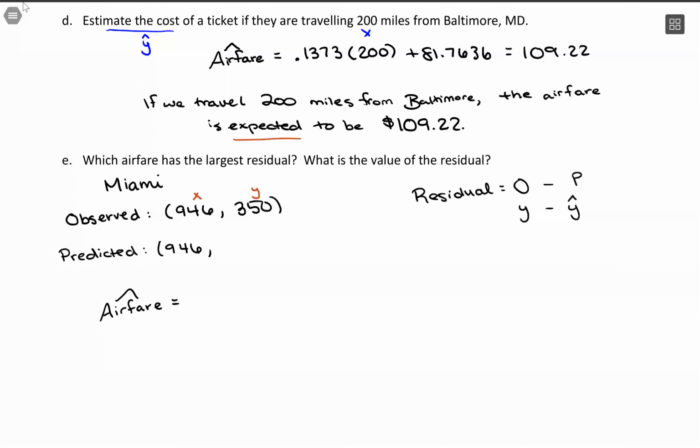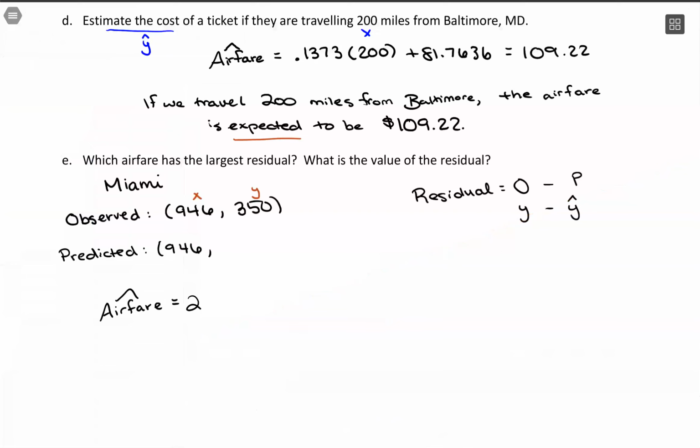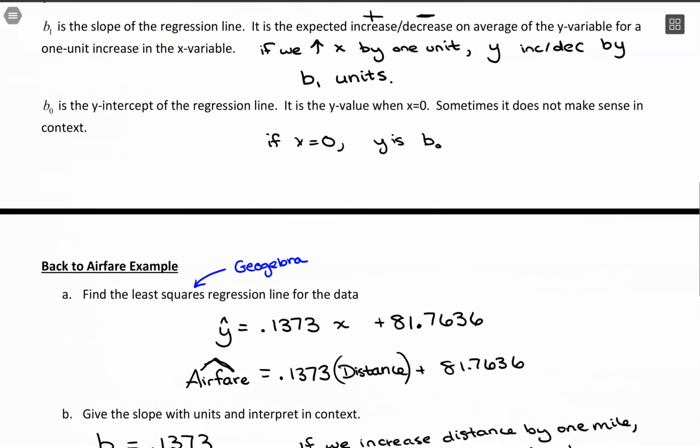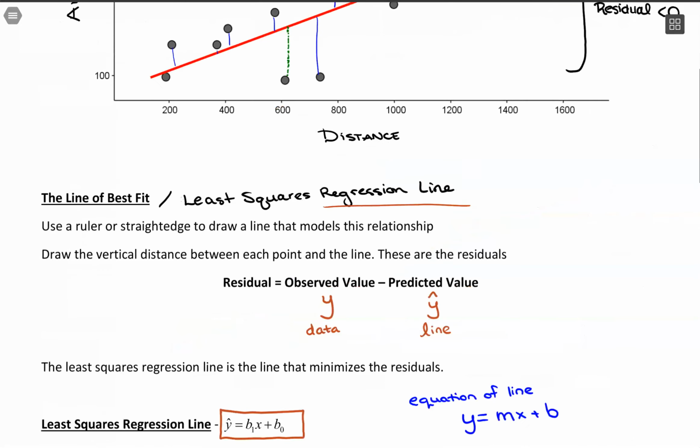So we're going to use as our formula, or if you want to go ahead to GeoGebra and just plug in 946. So I'll go down here and just type in 946, and I can see this 211.61 as the predicted airfare. To make sense in terms of the picture that we were looking at, our prediction was pretty close to 200, and our airfare was much larger from the actual observed value.